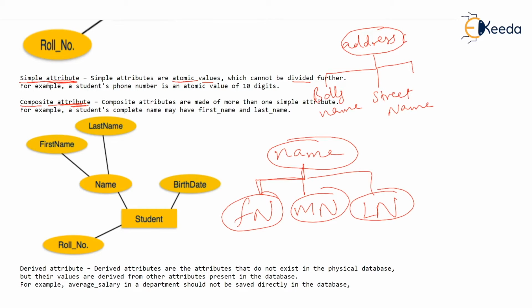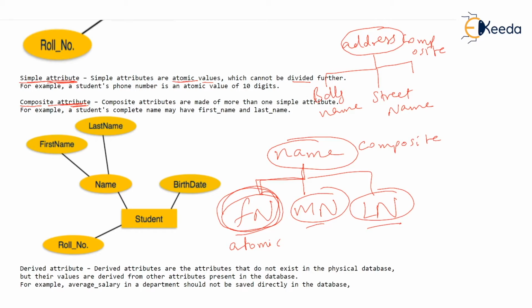Such attributes are called as composite attributes, isn't it? Now, first name, if you think of Samir as the first name, is atomic. You cannot further split this name. It doesn't make any sense. So name is composite, but first name, middle name, and last name are atomic.